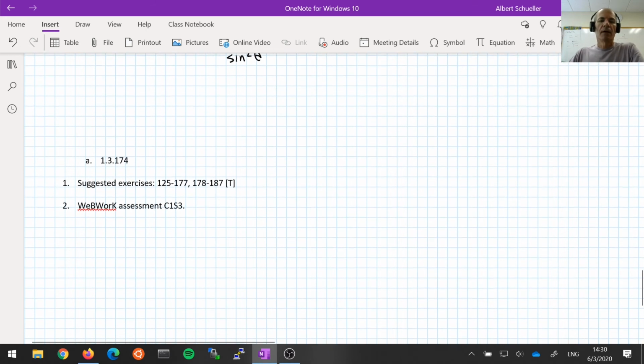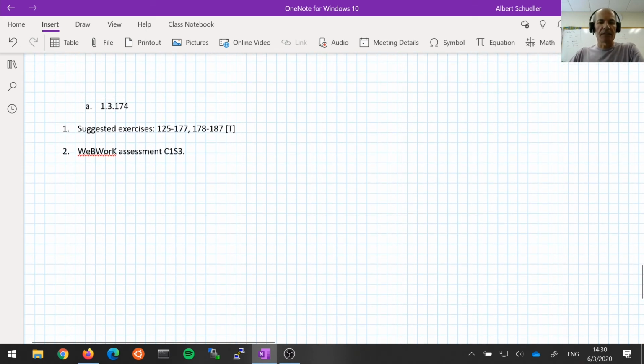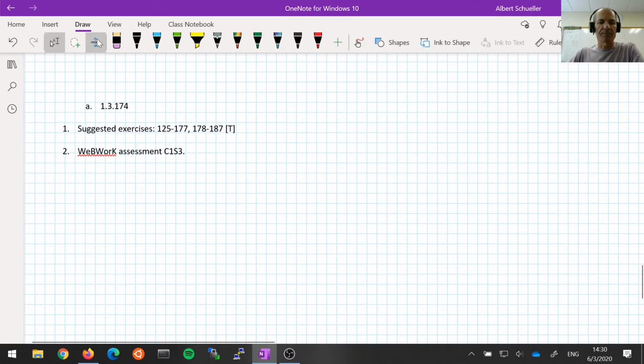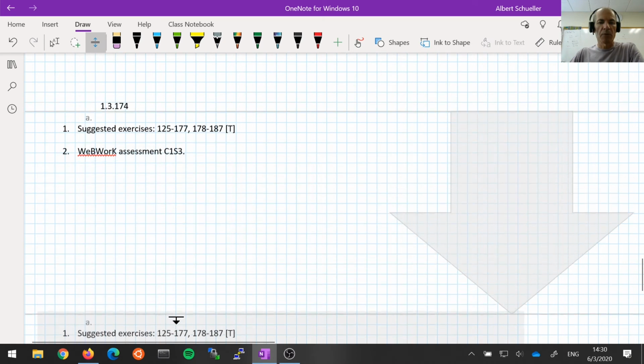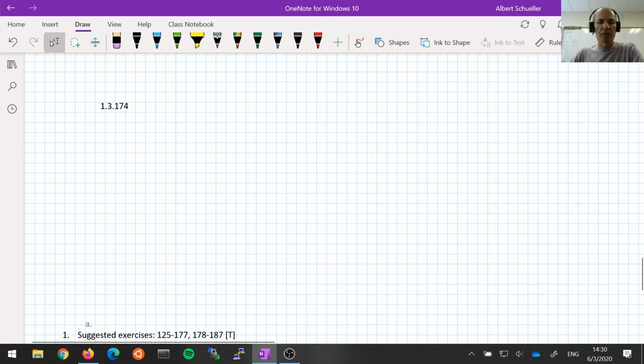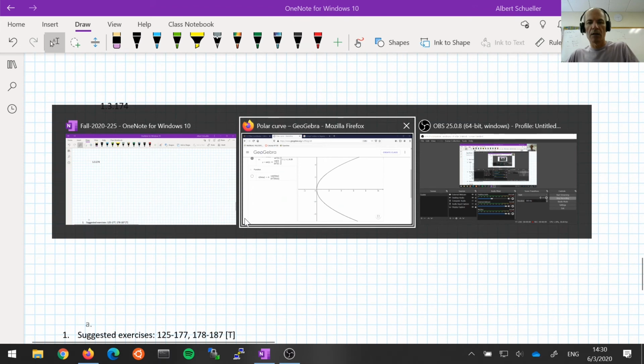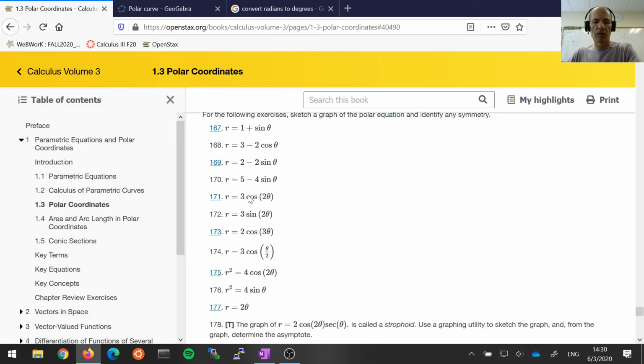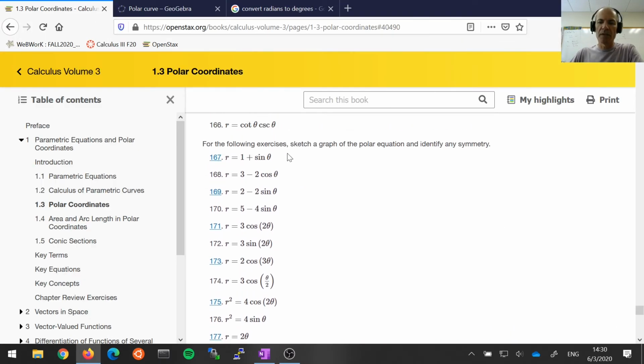Okay, let's go to the last exercise and see what we have here. Problem 174. Here, sketch a graph of the polar equation and identify any symmetry.